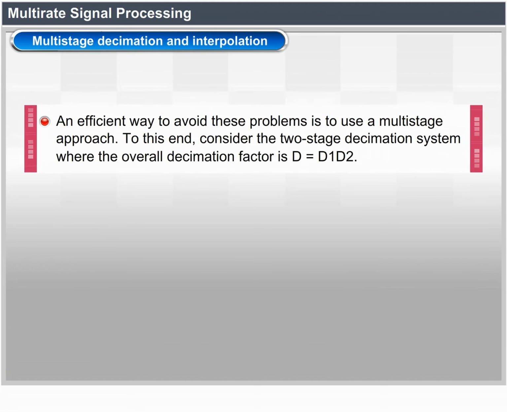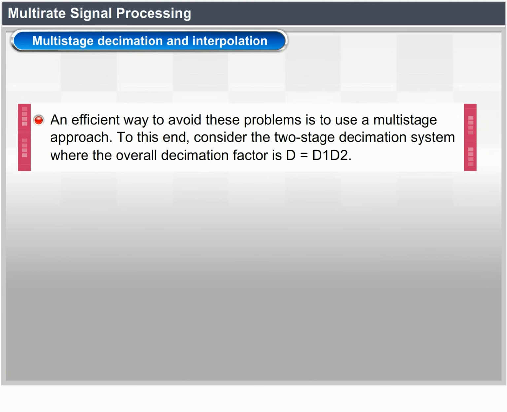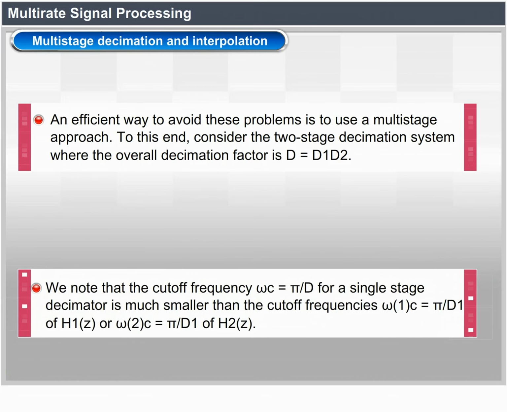To this end, consider the two-stage decimation system where the overall decimation factor is D = D1 x D2. We note that the cutoff frequency omega c equal to pi by D for a single stage decimator is much smaller than the cutoff frequencies omega_c^1 = pi/D1 of H1(z) or omega_c^2 = pi/D2 of H2(z).